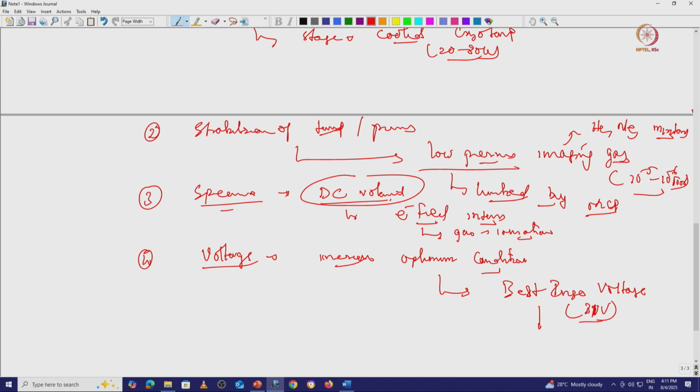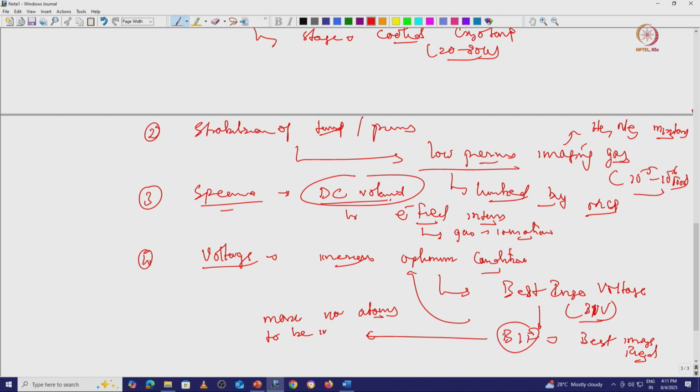We can also call it the BIF, the best image field condition. That is called the optimum condition. It means that the best image field corresponds to the maximum number of atoms to be imaged with maximum contrast.